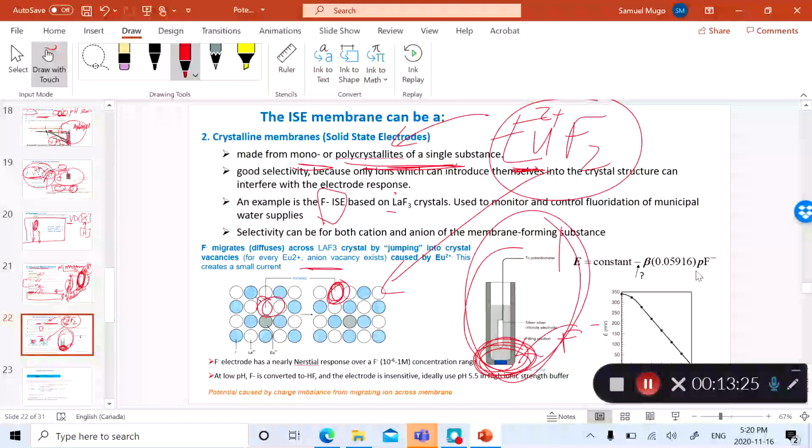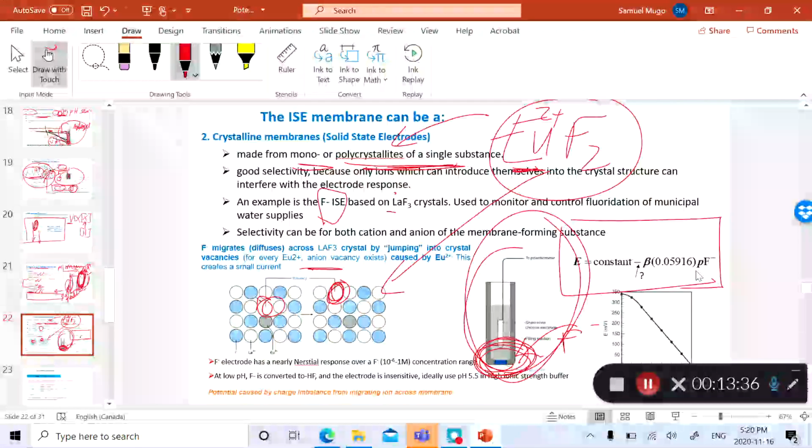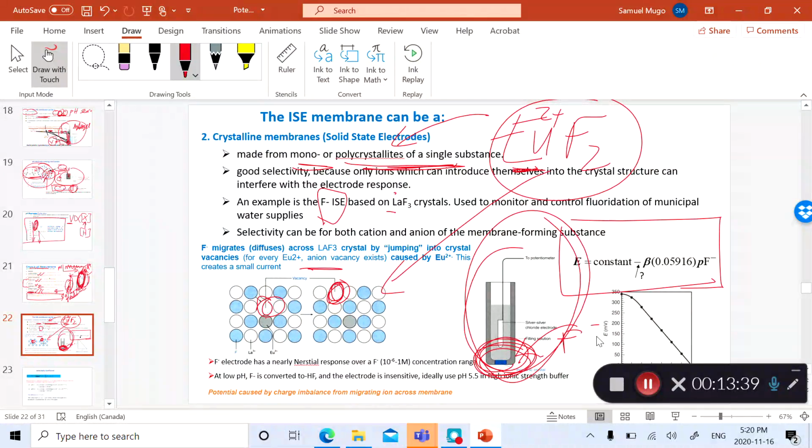And again, as before, the Nernst equation is the basis for crystalline membrane ion selective electrodes as well. All right, so as you can see in this calibration here, the voltage that you get because of the capture of that fluoride inside those cavities would be proportional to the concentration of the fluoride.